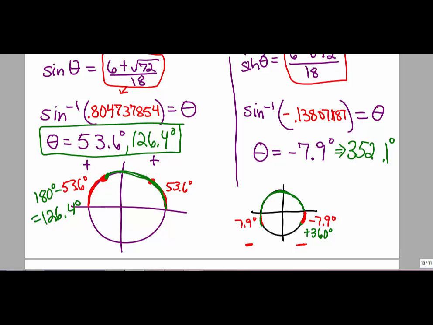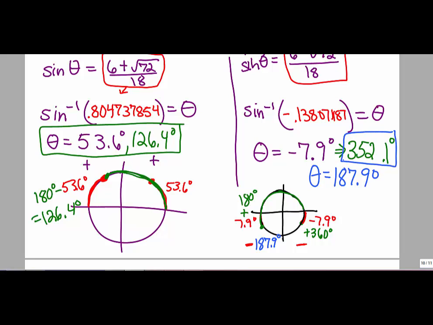I want to know what quadrant 3 angle has a reference angle of 7.9 degrees. In this case, we want a complete half rotation, 180 degrees, and then we want to go a little bit more into quadrant 3, 7.9 degrees. So we're going to add 180 to 7.9. And that quadrant 3 angle turns out to be 187.9 degrees.